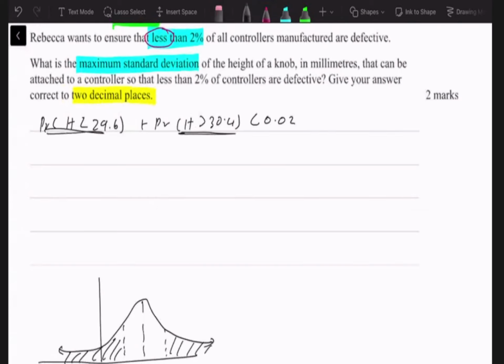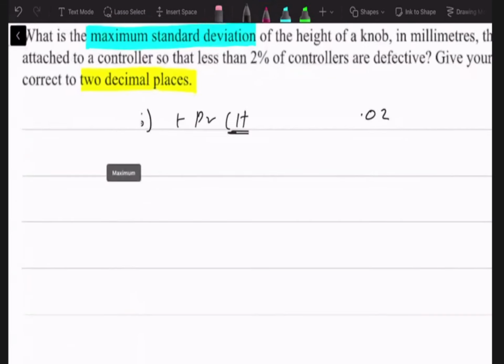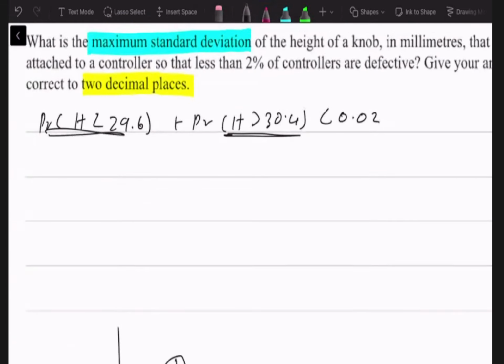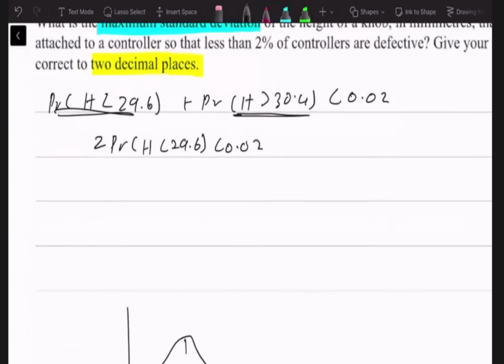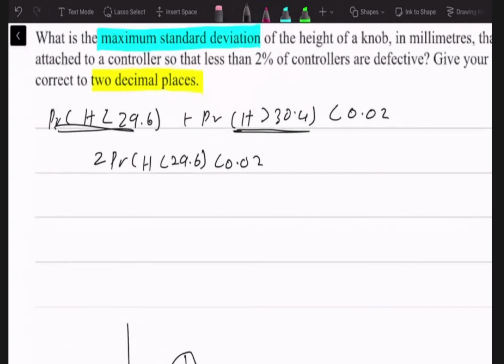So these two probability values are the same, and you can choose whichever one you want to get rid of. I chose to write it as 2 times the probability h is less than 29.6 is less than 0.02. But it doesn't really matter which one you choose. Then you can just take the 2 and divide it. So the probability h is less than 29.6 is less than 0.01.